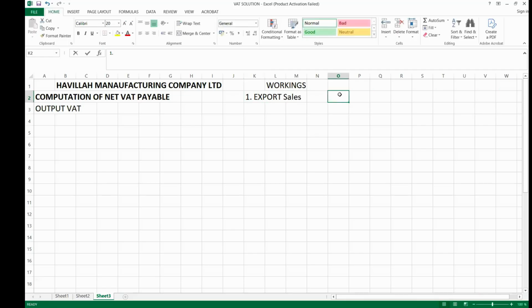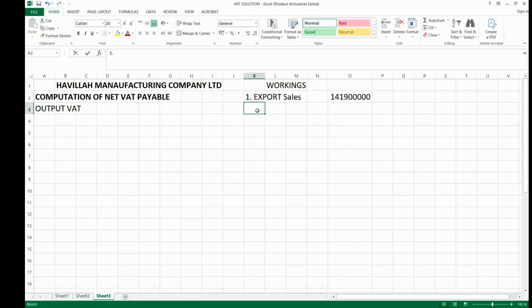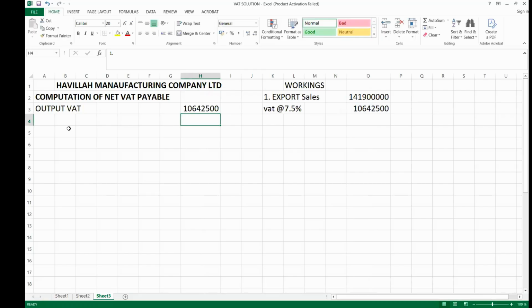We apply the VAT on it at 7.5% because it is VAT exclusive. Take note of that. So that will give us this value for the output VAT.